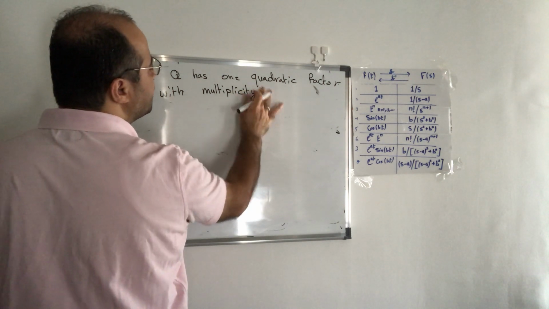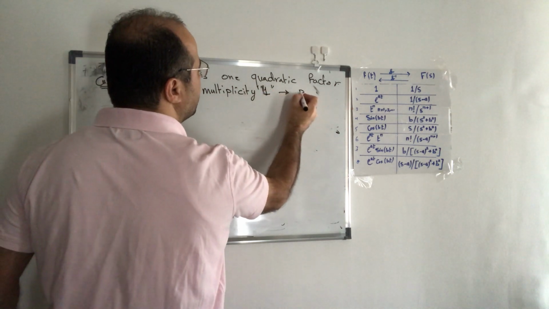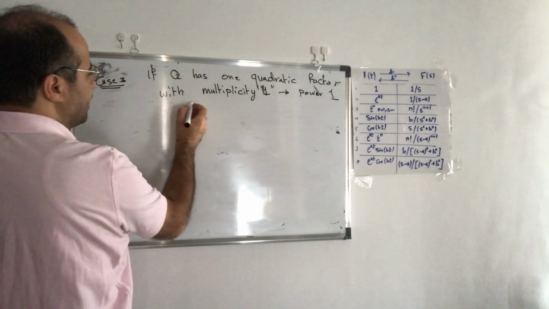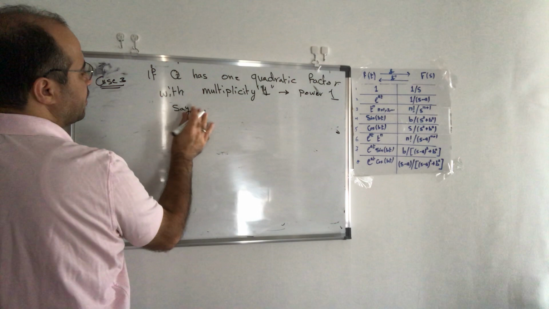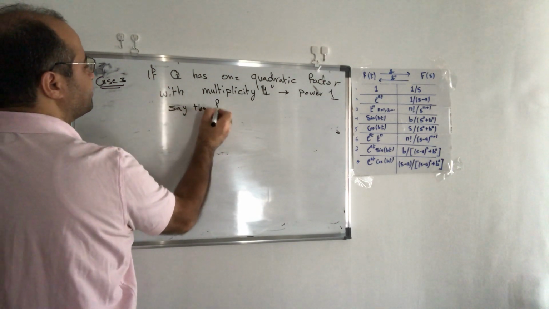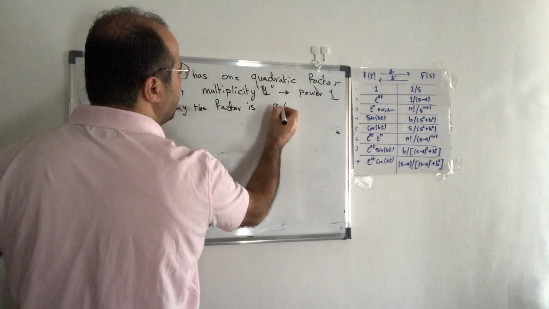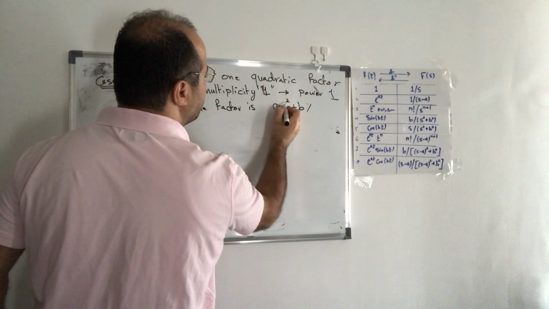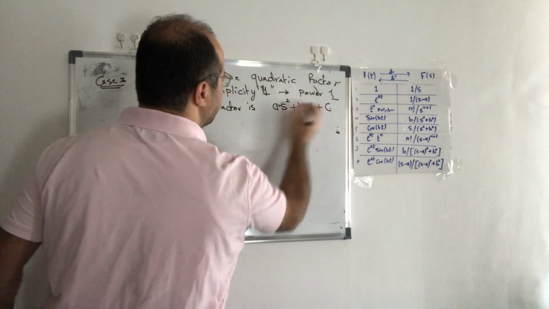When I say multiplicity 1, I mean with power 1. Yeah? Then for this, say this is the factor. The factor is, say, s squared plus bs plus c, right?